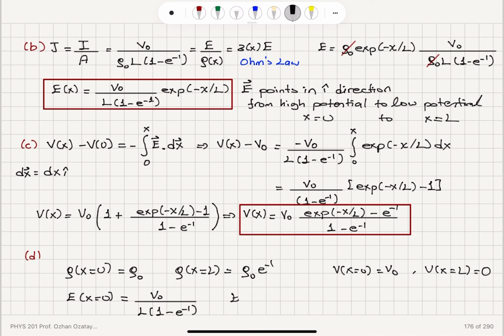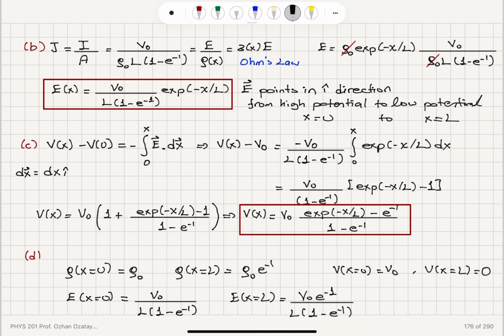And if I substitute x equals L, then I'm going to obtain exponential minus 1 here. So this will be V0 e to minus 1 divided by L times 1 minus e to minus 1.